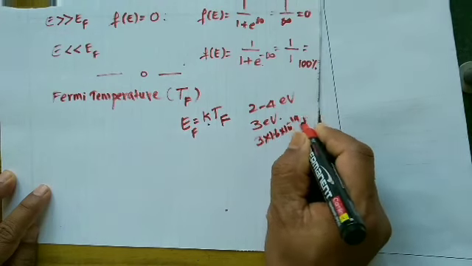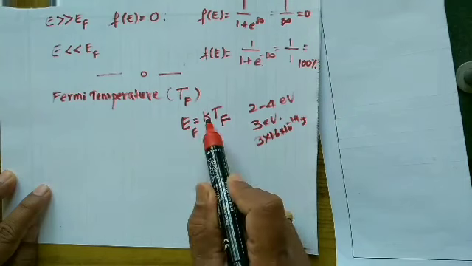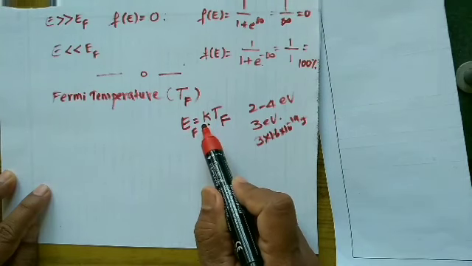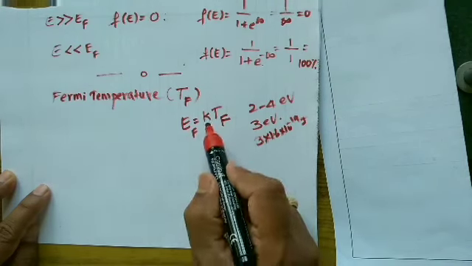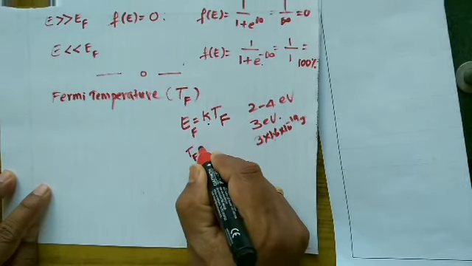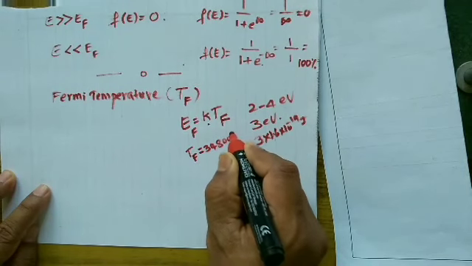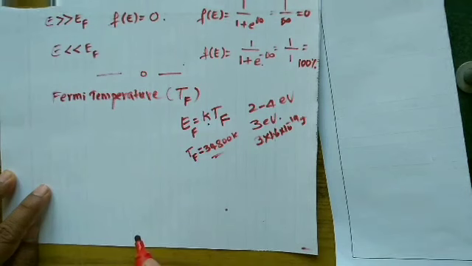If this is substituted in the place of EF, and k is 1.38 into 10 power minus 23, on substituting the values of k and EF, it is possible to obtain the value of TF to be nearly 34,800 degree Kelvin.